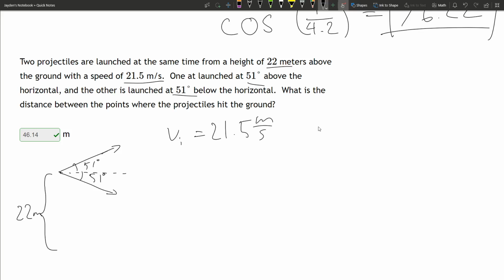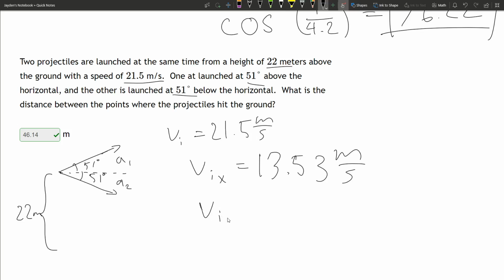We can do cosine times the initial velocity at the angle, which is 51, to find the values of both the x and y components. So let's call this angle 1, and I'm going to call this one angle 2, just to help clarify. The velocity in the x direction for both of them is 21.5 cosine of 51, so it's going to be 13.53 for both.